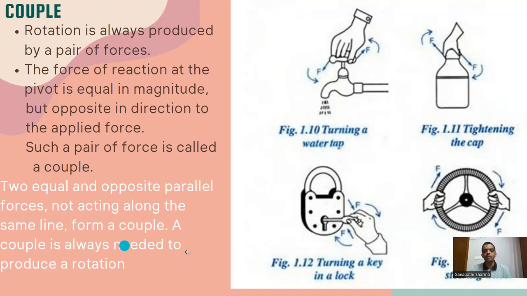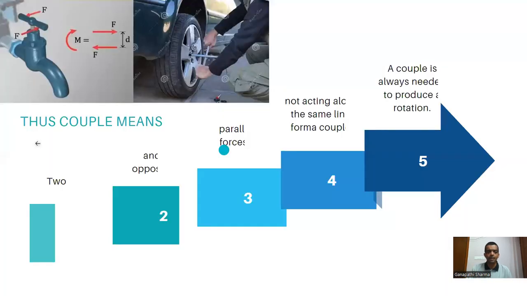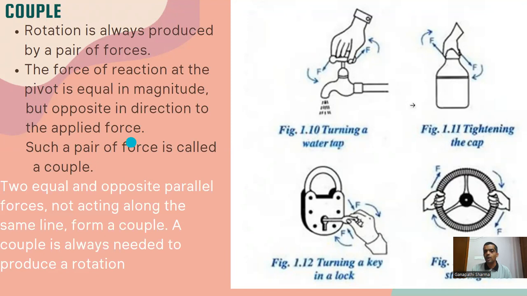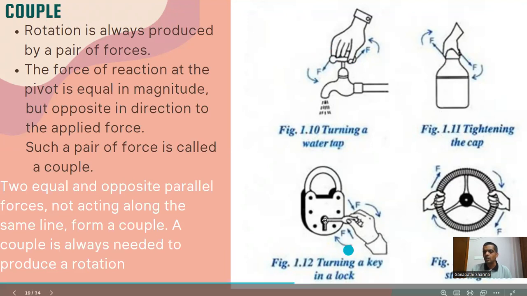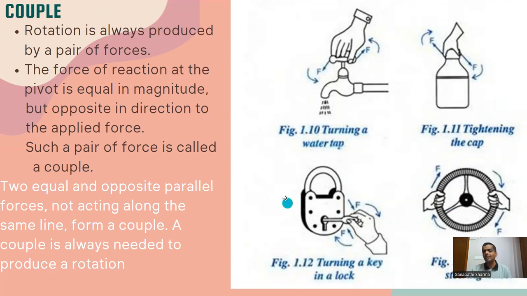A couple always produces a rotation. These are the examples you can give. I'll come back once again before concluding. For a tap: 2 points, 2 forces, opposite direction. Tightening the cap: 2 points, 2 forces, opposite in direction. Lock and key: 2 points, rotation, opposite direction. Steering wheel. All these are examples of a couple. Once the couple is formed, what happens?